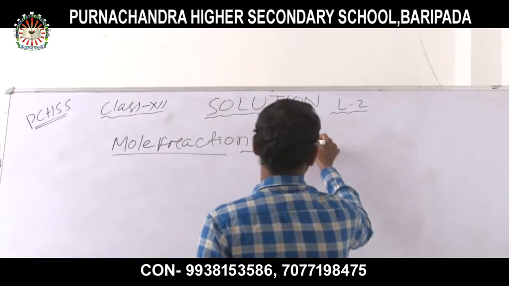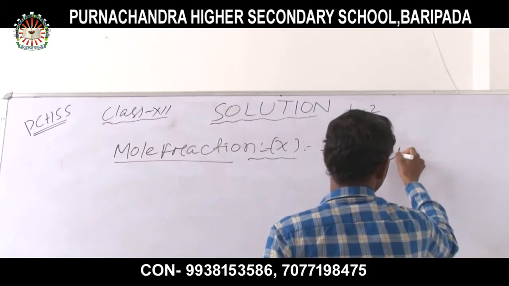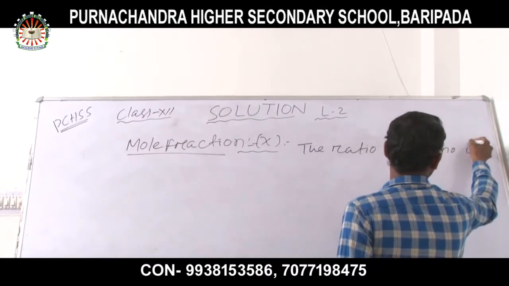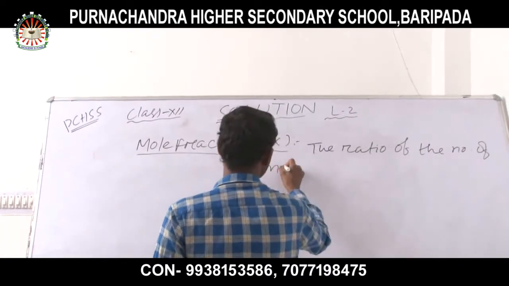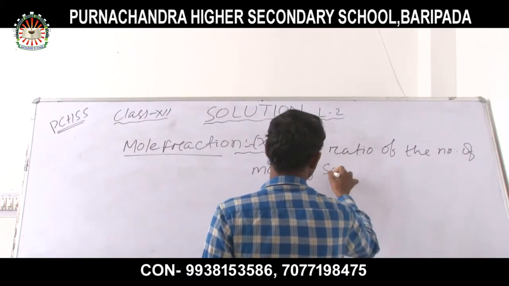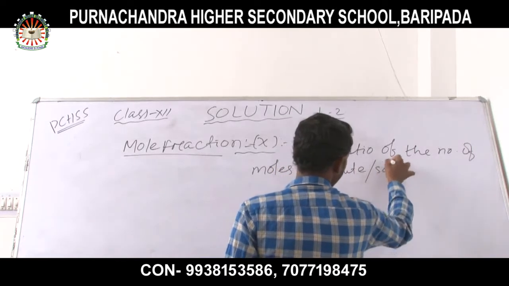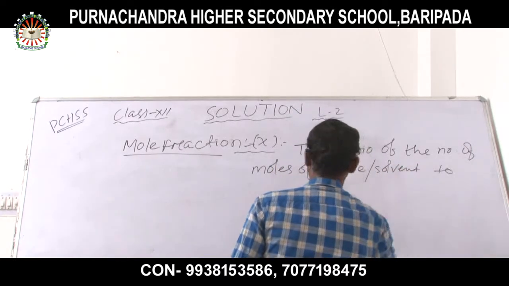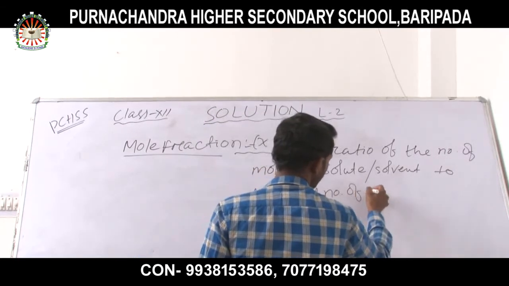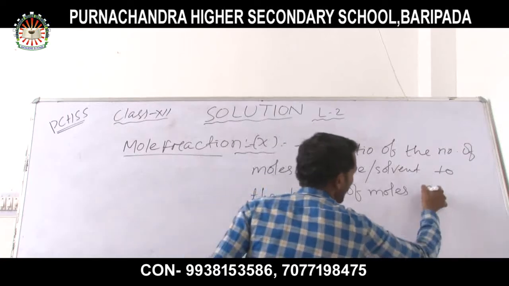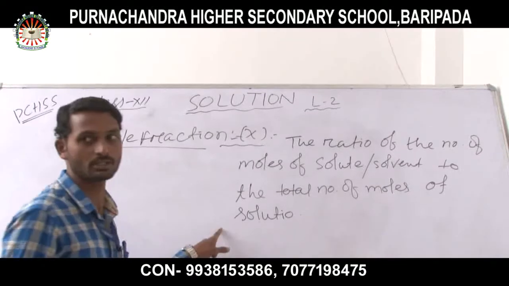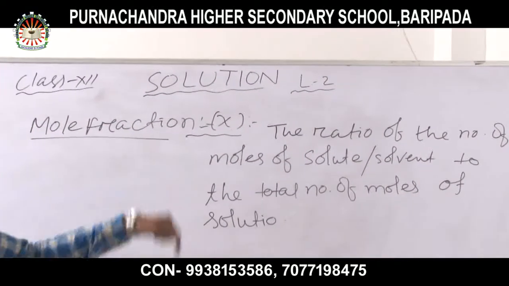So, it is defined as the ratio of the number of moles of solute or solvent to the total number of moles of solution. So it is called mole fraction.